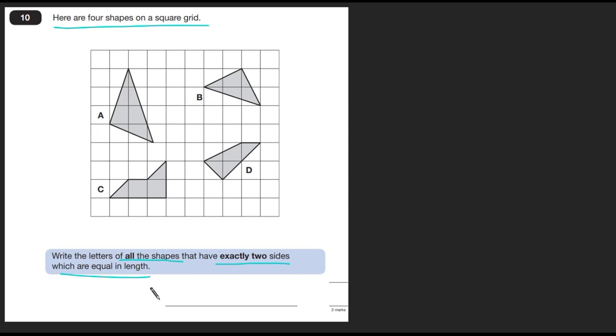However, in B, this length is the same, because that is the diagonal of a 2 by 1 rectangle. And also in C, this diagonal is equal to this diagonal, right? And in D, I can't see anything equal. So the answer for the question is B and C.